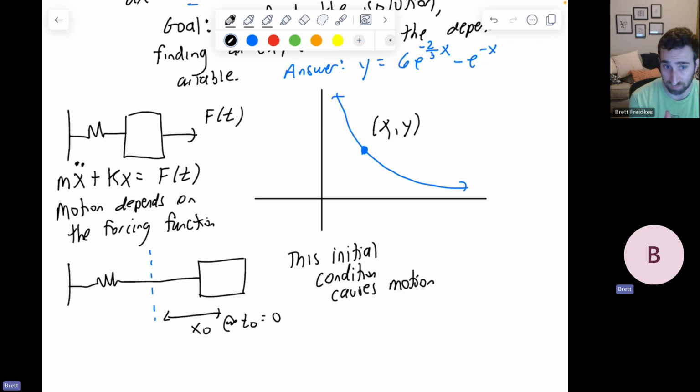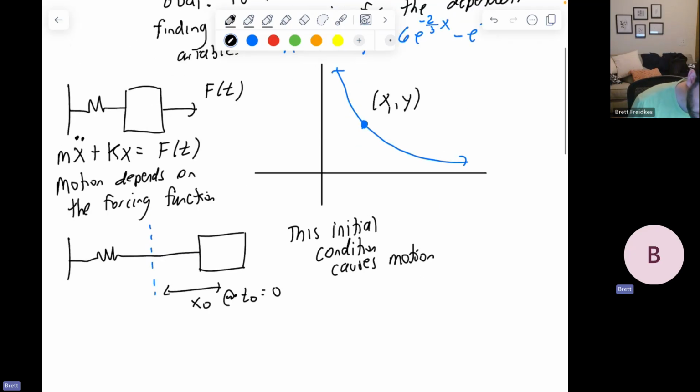There are no forces on this one I just drew, just the fact that I stretched it a small amount. Now it'll move back and forth. So these two things are related respectively to the particular solution, basically, how does the mass move because of this force, and the homogeneous solution, how does it move because of initial conditions.